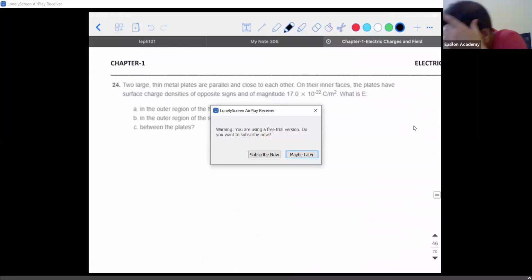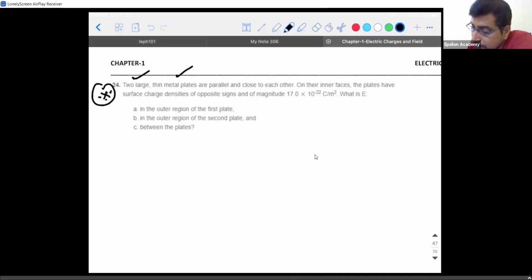Next, there is an important one. So this is a main problem I wanted to solve. Two large thin metal plates are parallel and close to each other. On their inner faces, the plates have surface charge density of opposite signs and magnitude is given. What is the electric field in the outer region of the first plate, in the outer region of the second plate, between the plates?